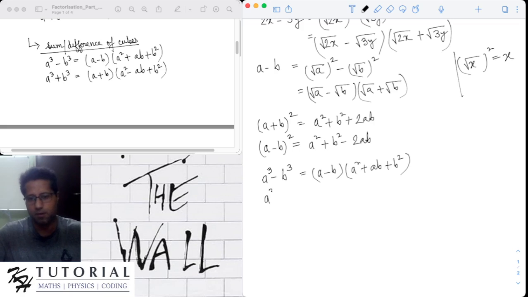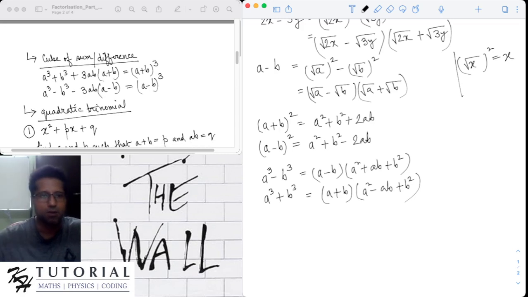Also a cube plus b cube, that is the sum of cubes of two terms, can be expressed as a plus b multiplied by a square minus ab plus b square. So you can always factorize the difference of cubes or the sum of cubes, not of numbers but of terms. So this was sum or difference of cubes.